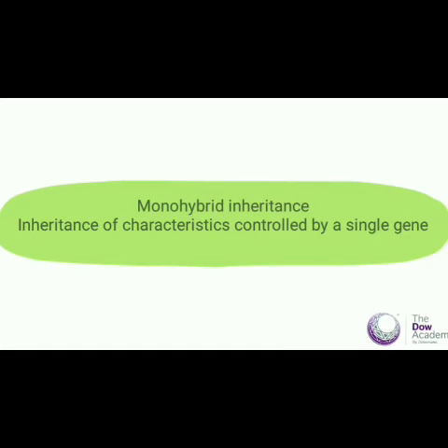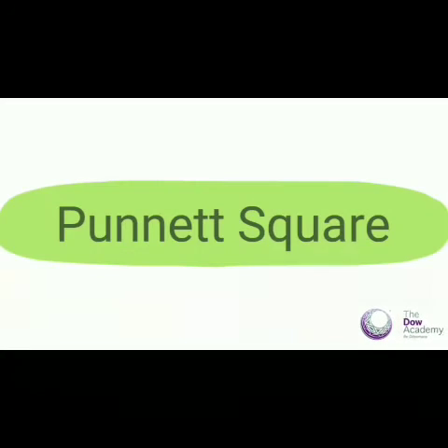When you talk about monohybrid inheritance, this is the inheritance of characteristics controlled by a single gene. Mono means one. This can be determined using a genetic diagram known as a Punnett square.